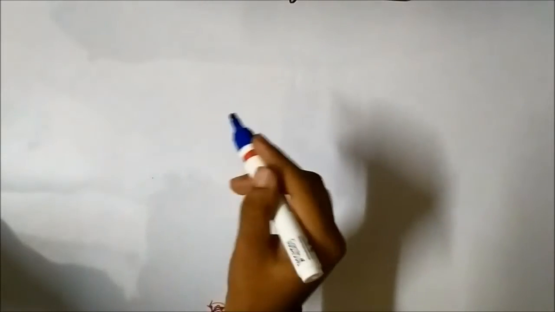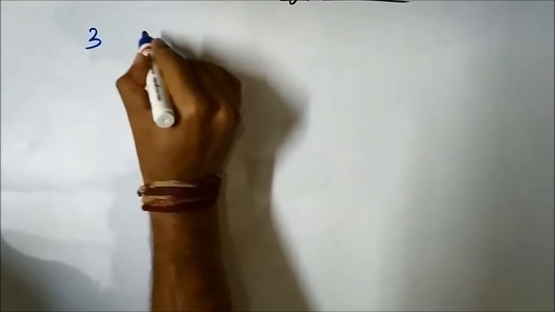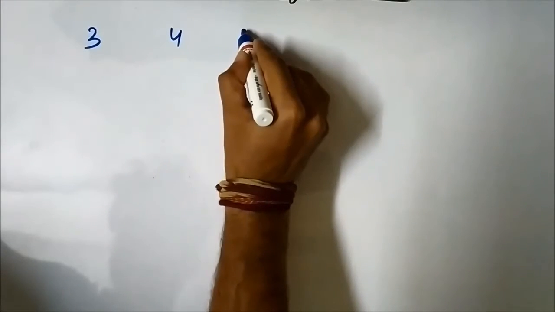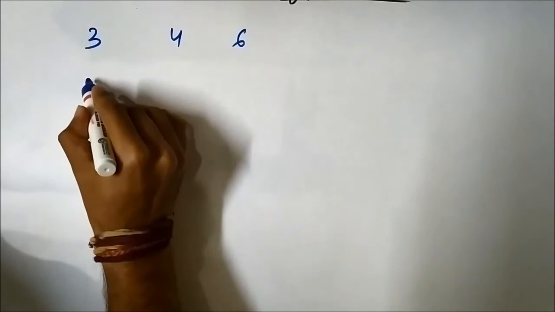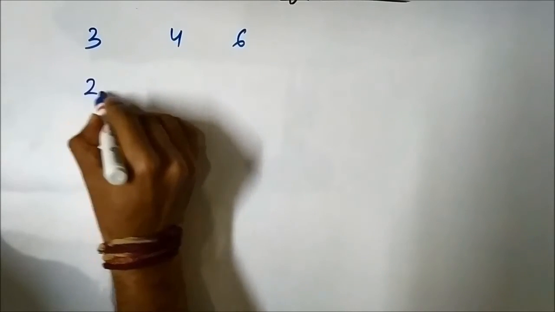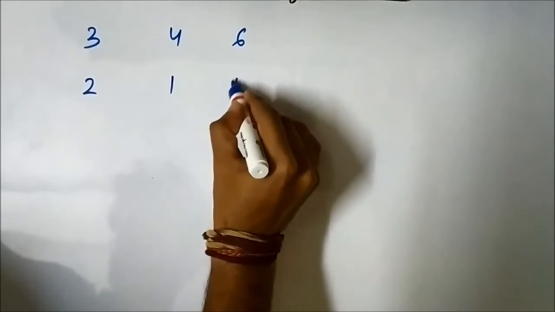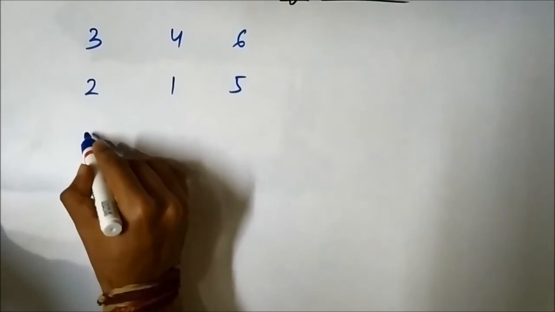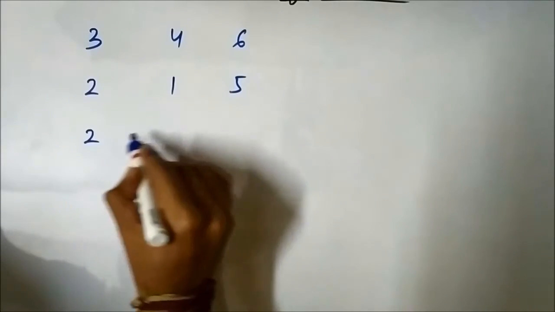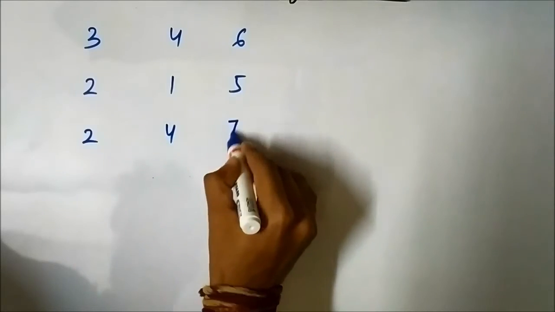Now let us take 3 cross 3 matrices and perform a subtraction operation on them. Let us say the matrices are 3, 4, 6, 2, 1, 5 and 2, 4, 7.